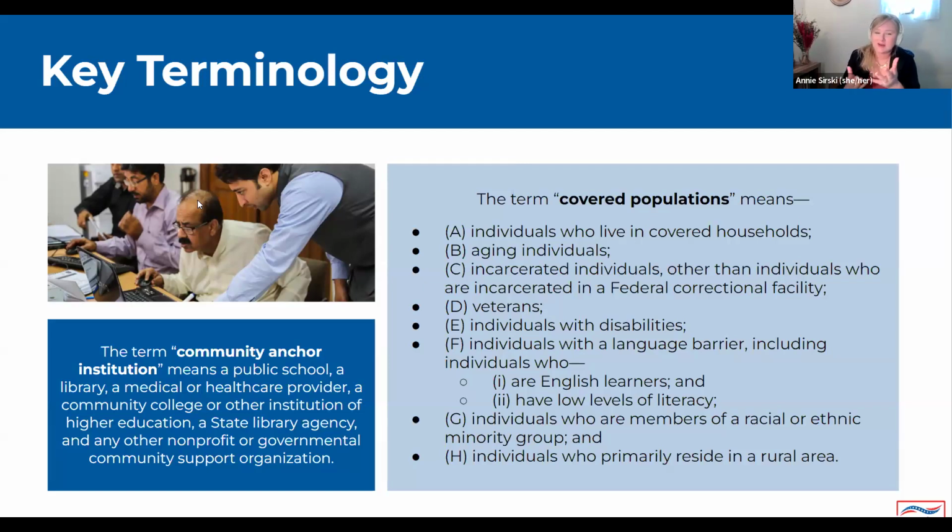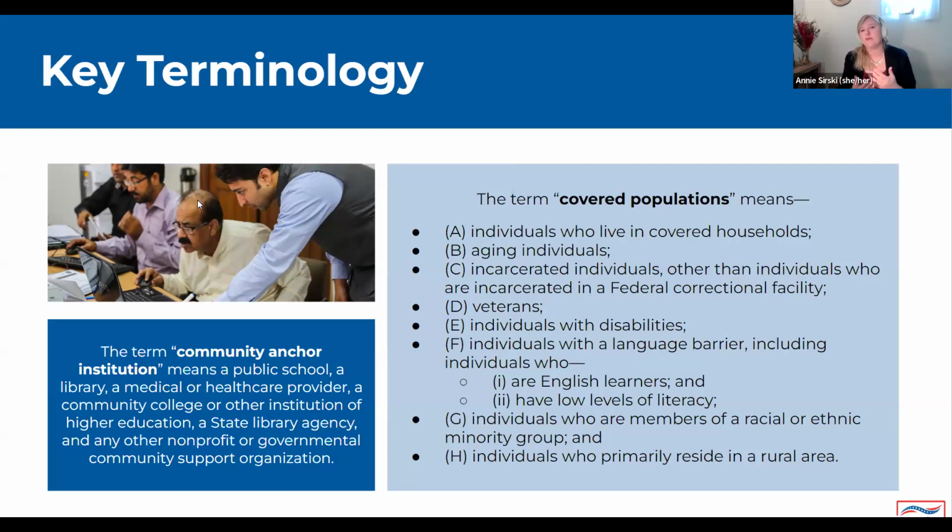In this case, they clarify it's not a school, but it can include a library, healthcare providers, a state library agency, and other nonprofit or government support organizations. Community anchor institution is a term you're going to see both in BEAD funding as well as DEA. The idea is that these are trusted community partners who are bridging the gap between the infrastructure that provides internet and access and actual skills, adoption, etc.